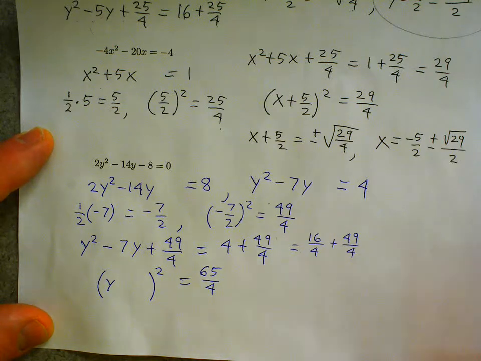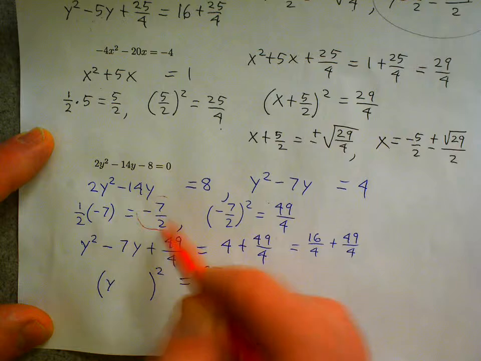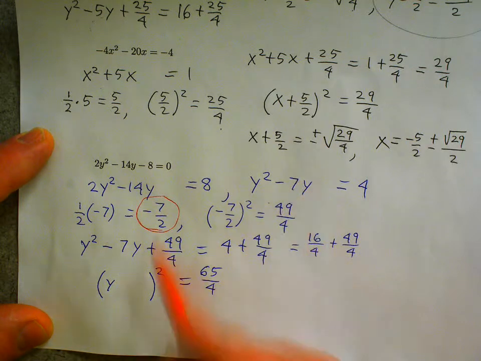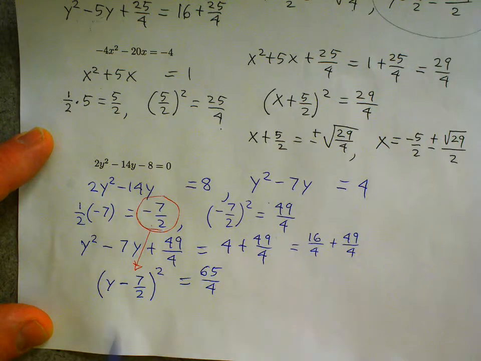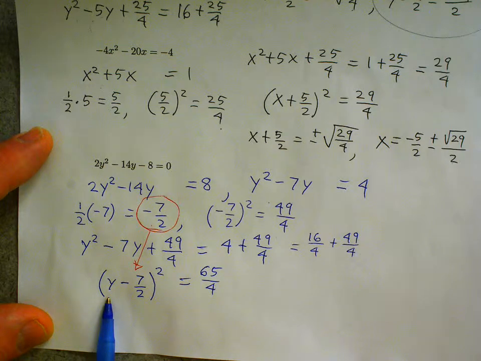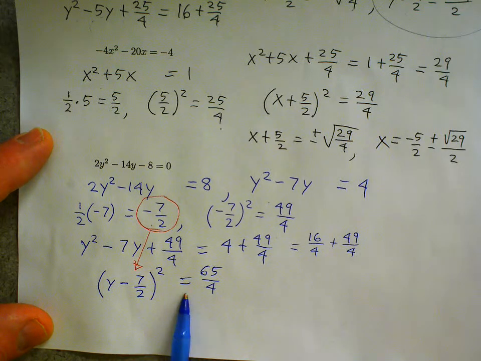It's the same number that we got when we took 1/2 of -7. So minus 7/2. And so we have the binomial y minus 7/2 squared equals 65/4.